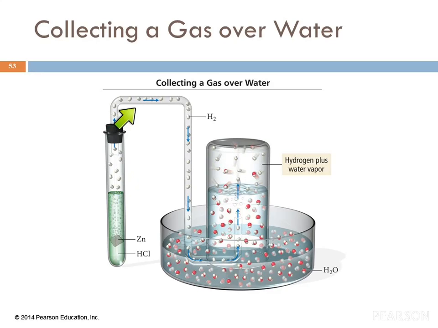As the gas comes, it's trying to escape, and it's going to come up and be caught in this inverted beaker, and it's going to displace the water. And in that way, you can trap the gas. Well, here you've got the hydrogen gas that you're interested in, but the water here is evaporating. And so you're also going to have water vapor in there. And so you have a mixture of gases.